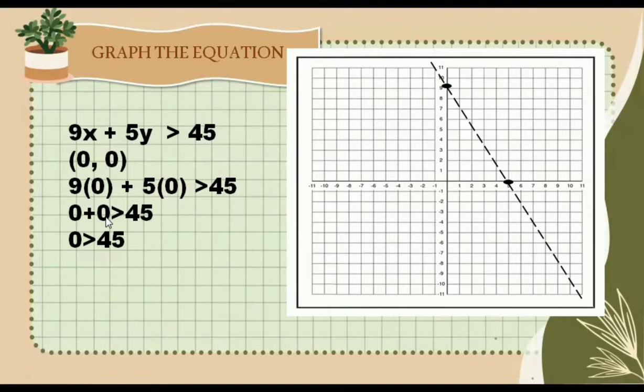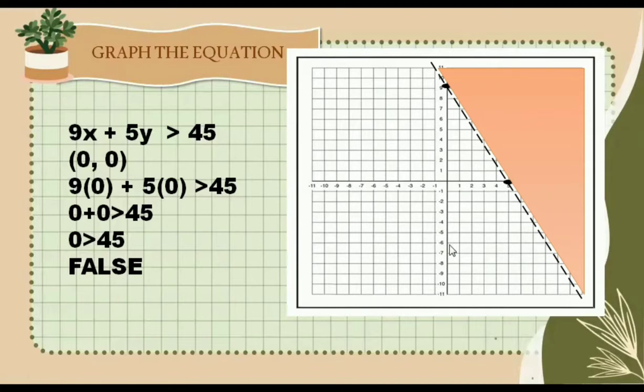0 greater than 45 is a false statement, and because it is false, we are not going to shade the side which contains the test point, (0, 0). Because (0, 0) is right here, which is our origin, we are not going to shade this side. We are going to shade the other side of the half plane, which is right there.